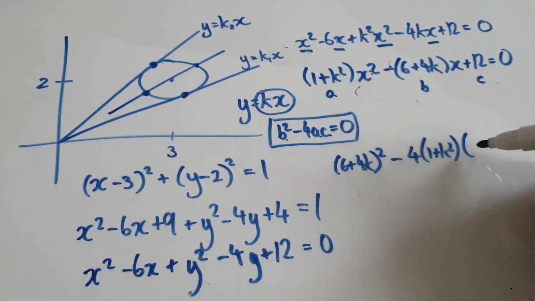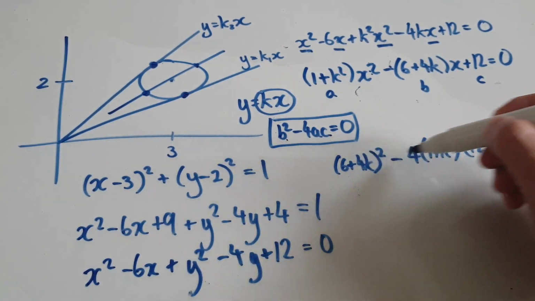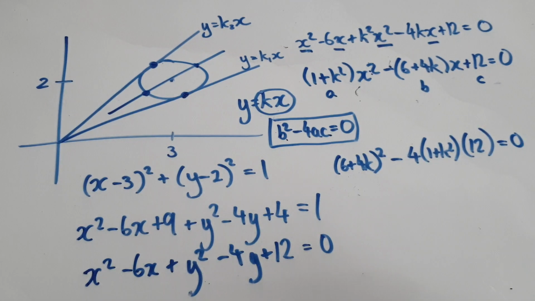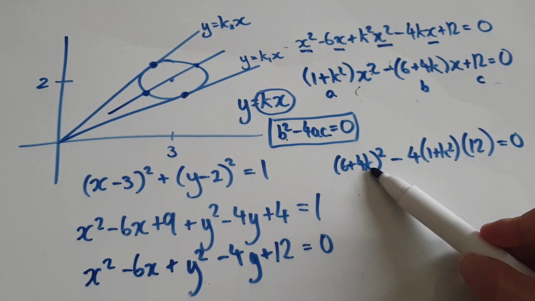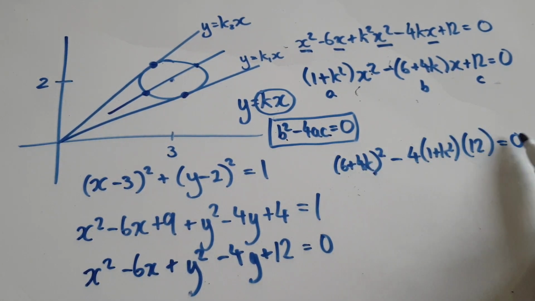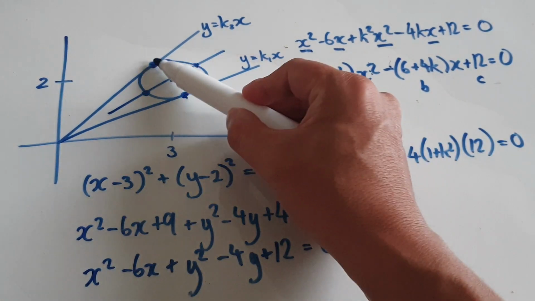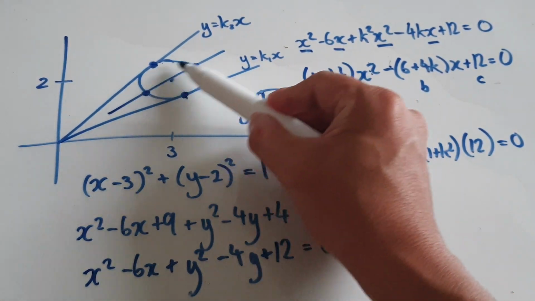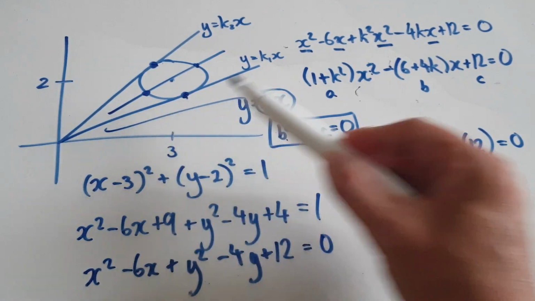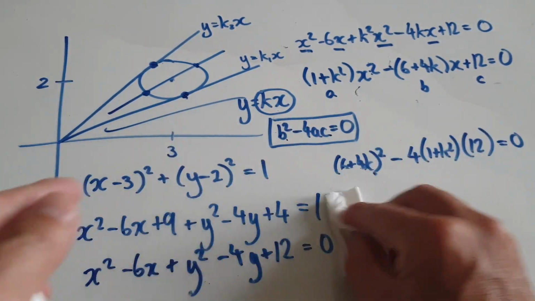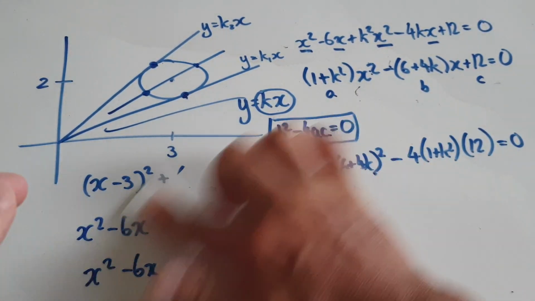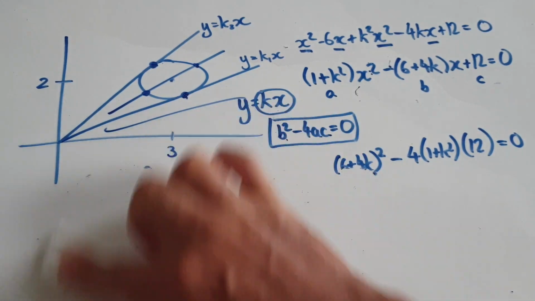C is 12. So we demand this thing to be equal to 0. So we are searching for k in such a way that this whole thing here would be 0, which means one solution, as opposed to two solutions or 0 solutions. So let me just tidy this up. It's just a matter of finding out k now.